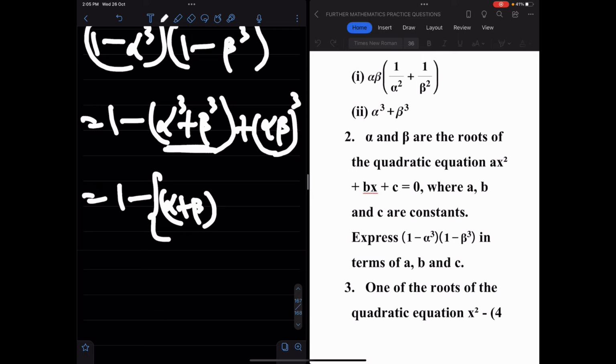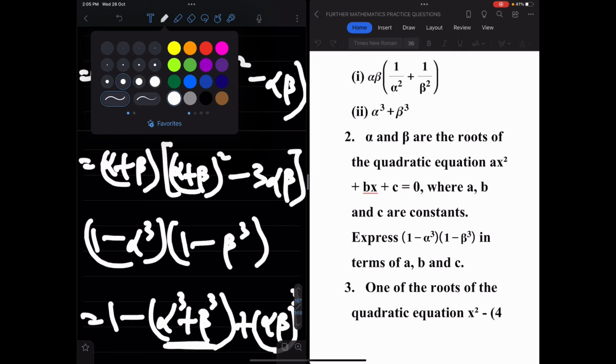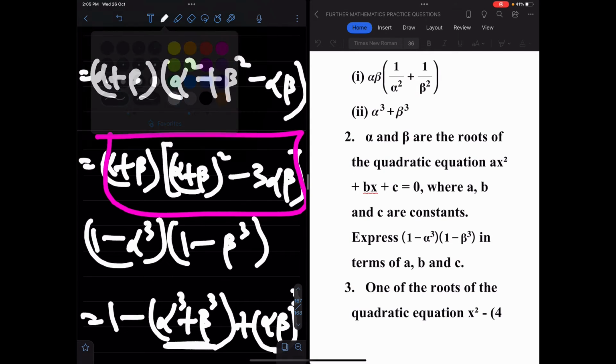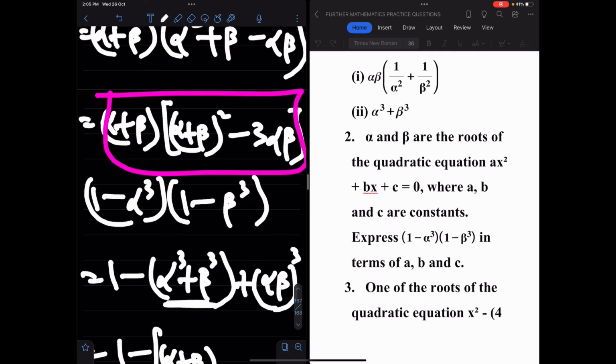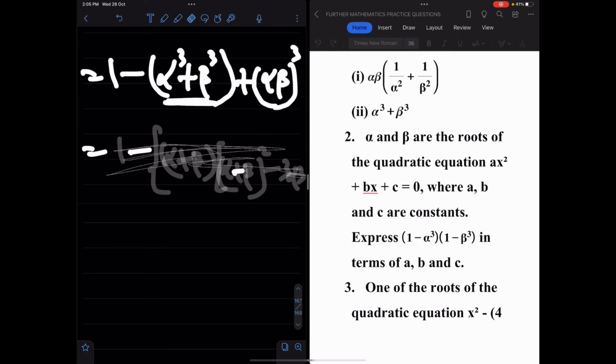So this is alpha cubed plus beta cubed. So that's alpha plus beta into alpha plus beta all squared minus 3 alpha beta. The space is quite small, let me rewrite it.